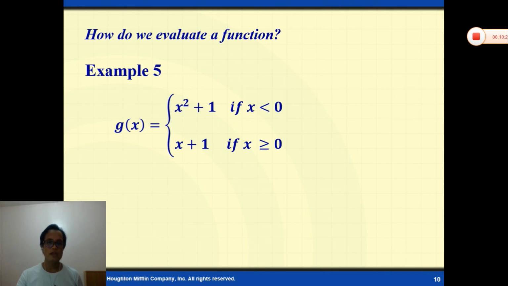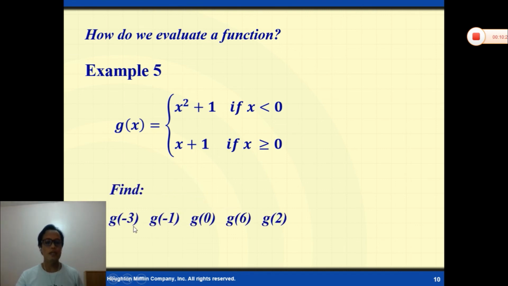So you try to check for the restrictions. For example, you are told to find g of negative 3, g of negative 1, g of 0, g of 6, g of 2. We cannot just plug all of these values into both functions because of this restriction.